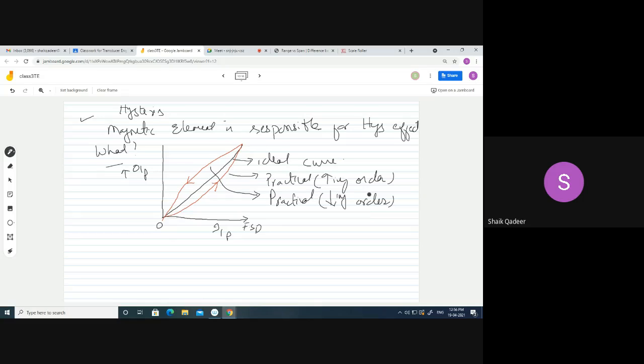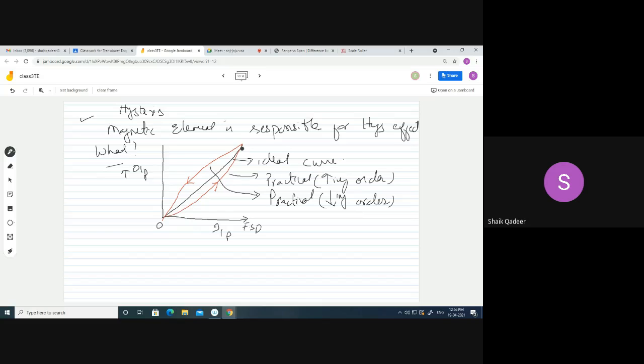Two things we need to observe here. One, the instrument is not overlapping with the ideal value, so it has a nonlinearity problem. Besides that, when we increase the input from 0 to FSD, I get a relation like this.